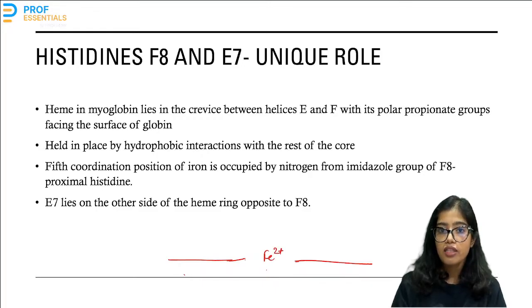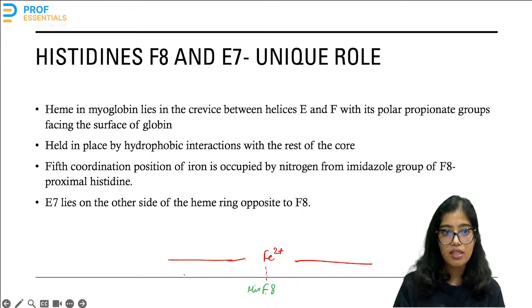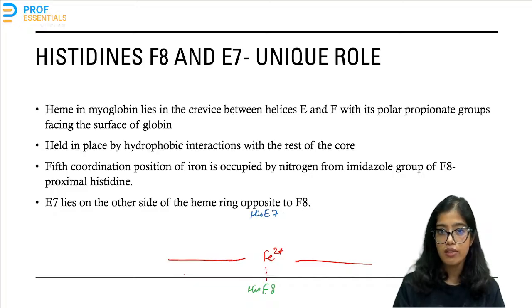Now this ferrous forms a coordinate bond with the proximal F8. And a distal E7 is present on the opposite side. Remember, on the opposite side of the ring, there will be a distal E7 present. It is not forming a bond, it is just staying here.